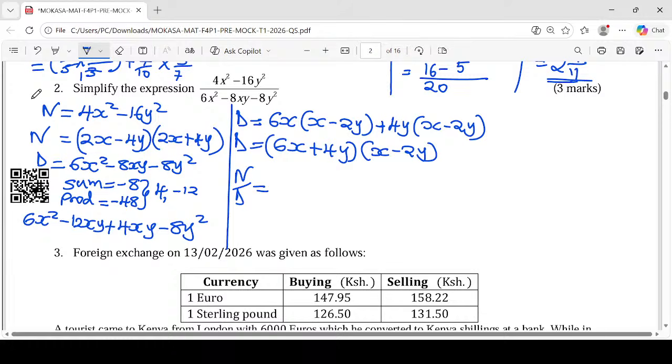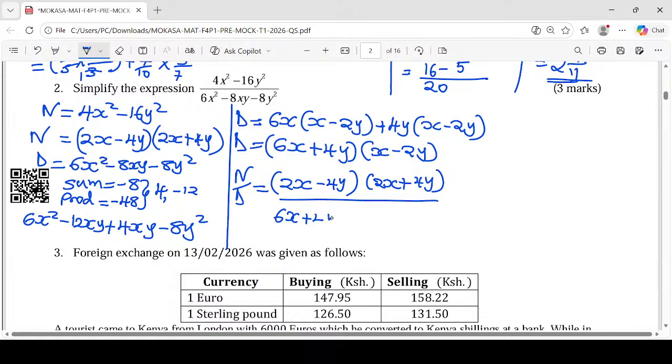When you look at our numerator, we had 2x minus 4y into 2x plus 4y, over the denominator, which we found to be 6x plus 4y, then x minus 2y.